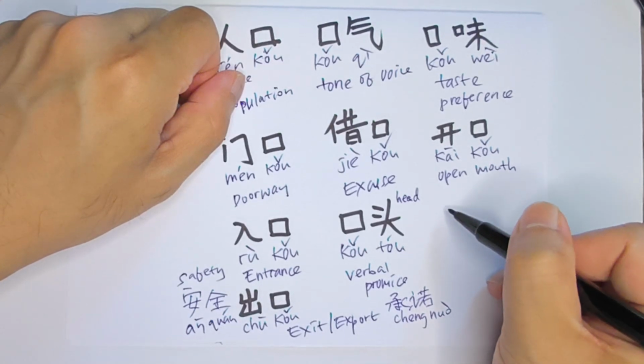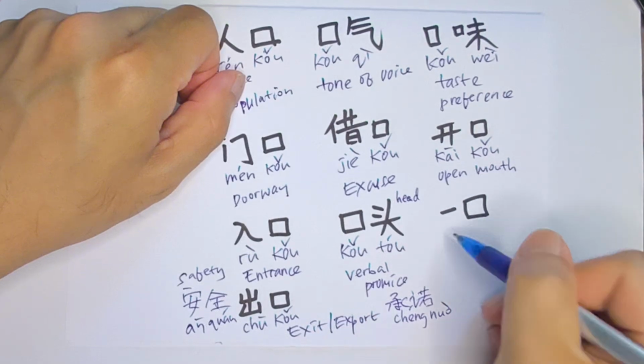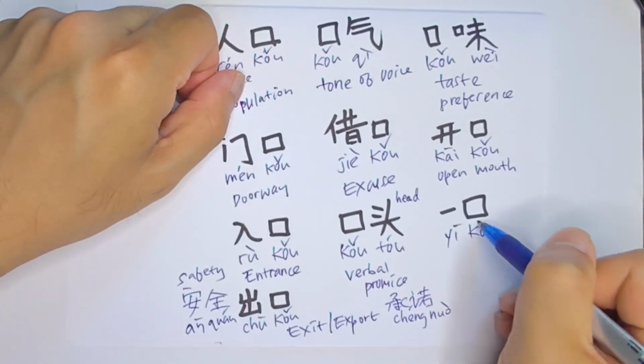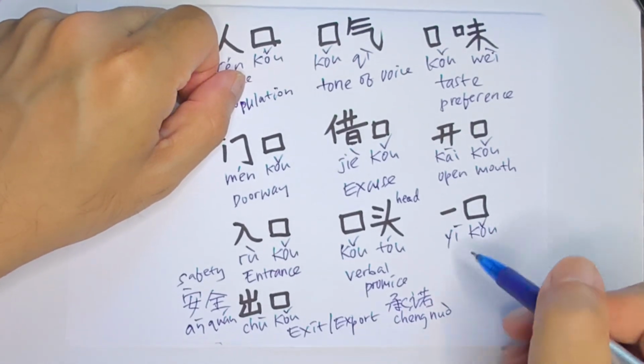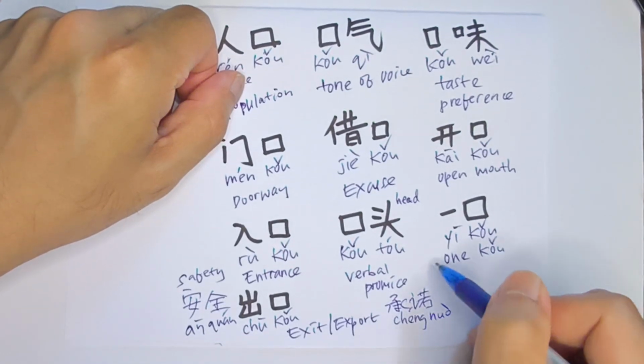And then how do you say one sip or one bite? 一口.